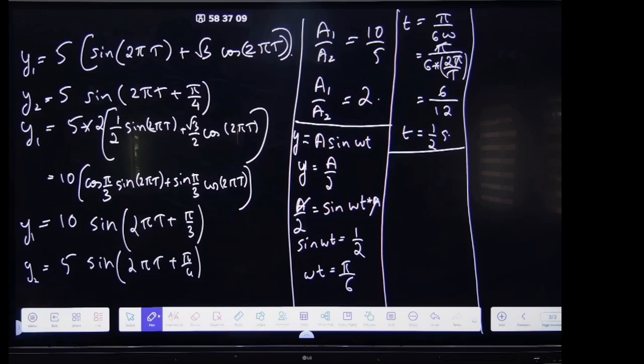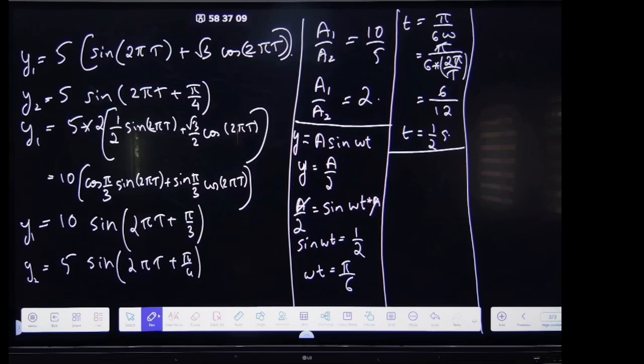Instead of taking y as A by 2, you can take y as 0.1 meter. Instead of taking A as A, you can take it as 0.2 meter. And instead of taking capital T as 6 second, you can take capital T as 24 second. So that is simply a similar type of question. So you can solve it.